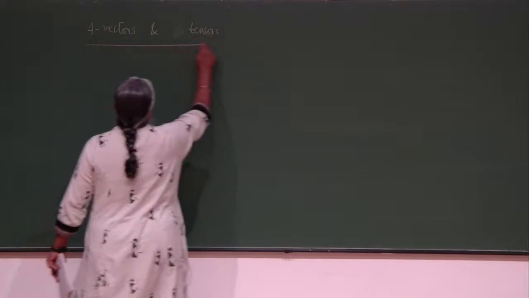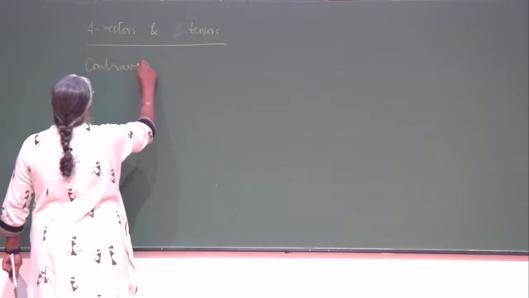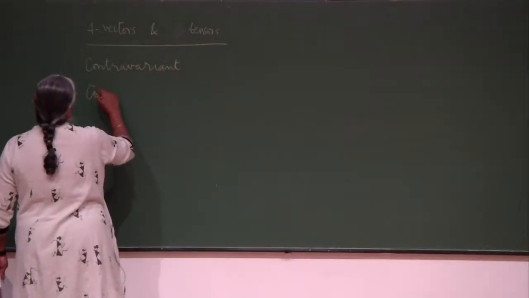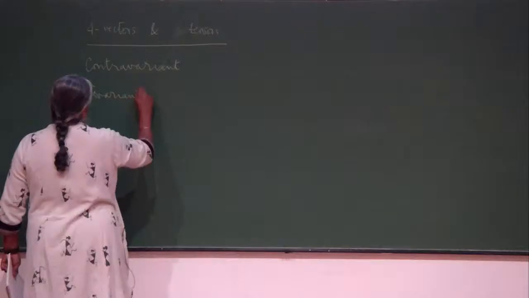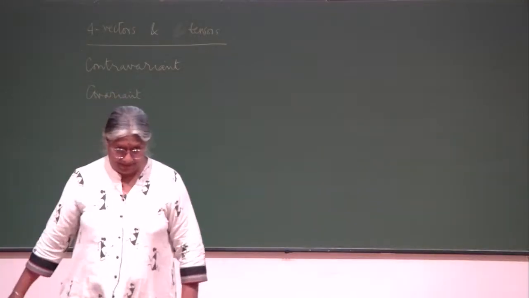We had defined, I hope all of you remember, contravariant and covariant vectors depending on their transformation properties, right?